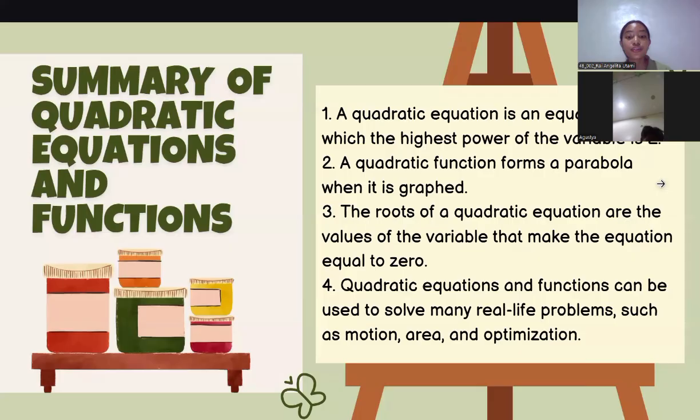Third, the roots of a quadratic equation are simply the values of the variable that make the whole equation equal to 0. Finally, quadratic equations and functions are powerful tools used to solve many real-life problems such as motion, area calculation, and optimization. I hope these summaries help you remember today's key concepts. Great work today, everyone!